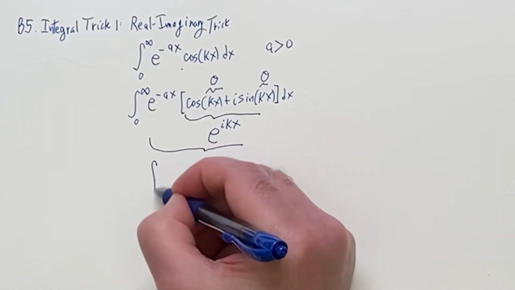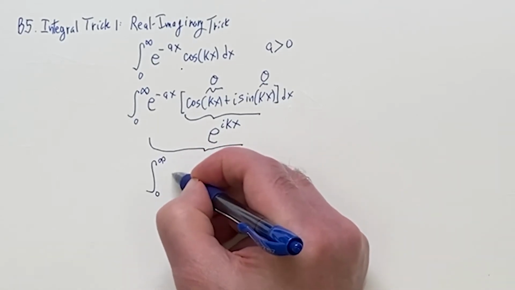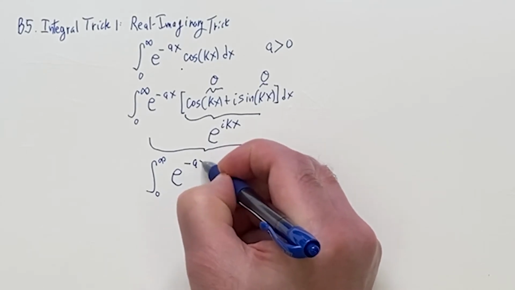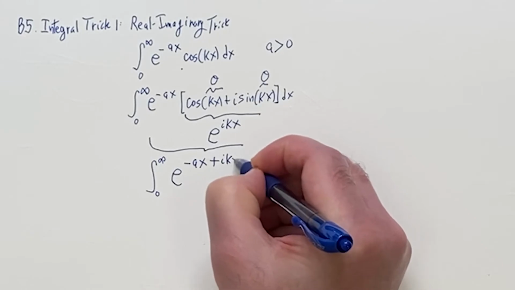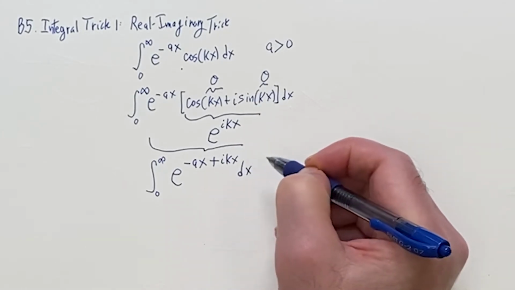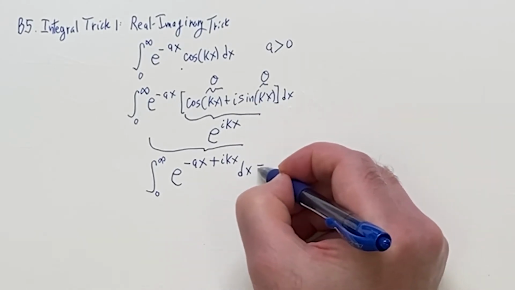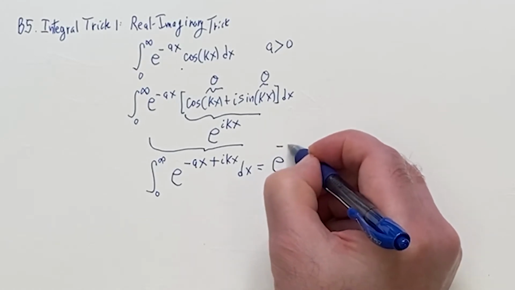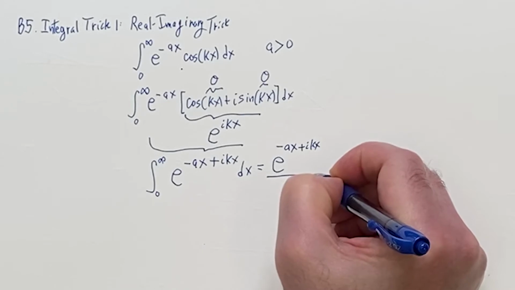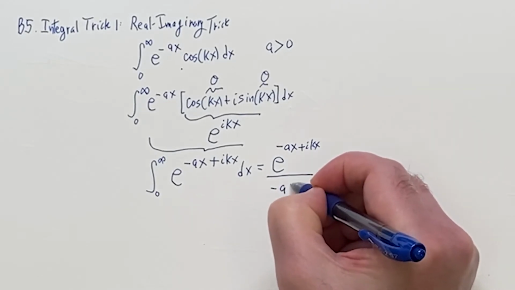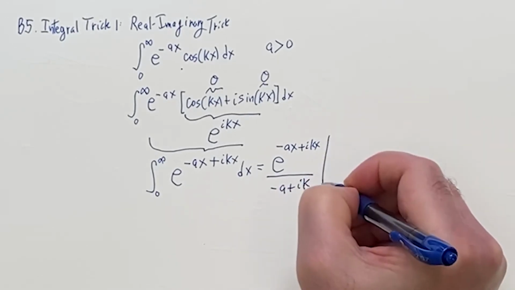It's basically doing the integral from 0 to infinity of e to the minus ax plus i kx dx. And that would mean you would have e to the minus ax plus i kx over minus a plus ik, from 0 to infinity.